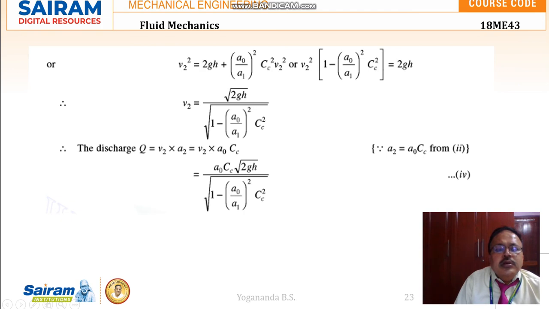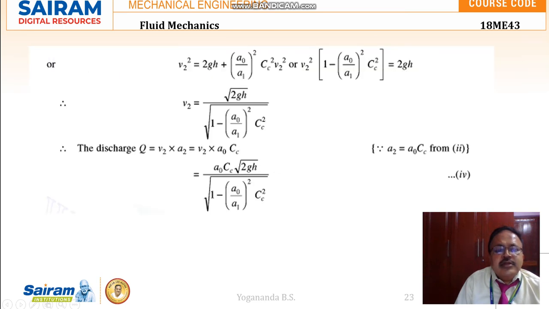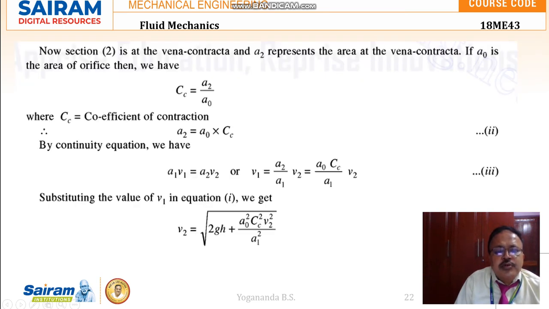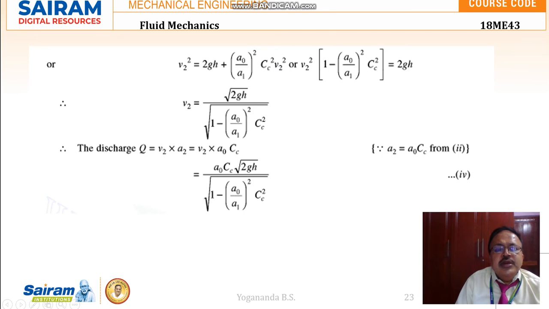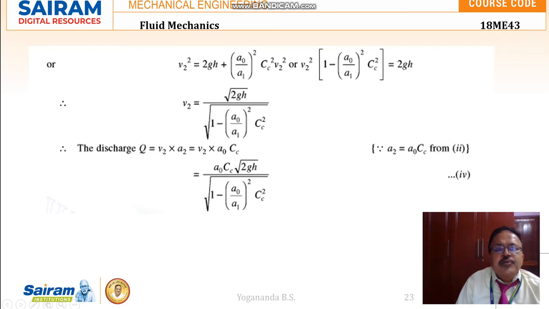Now V2 square. So squaring on both sides, it is square root of 2GH whole square. So that is 2GH. So then a square root of this quantity to the power of 2. So the square root is removed there.